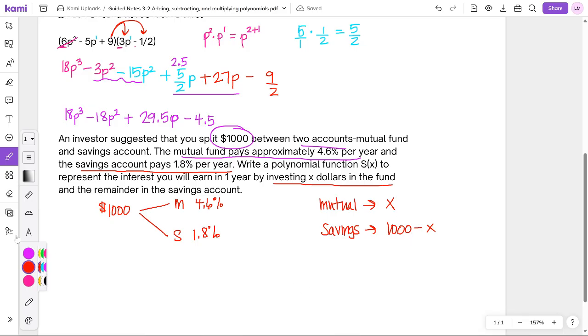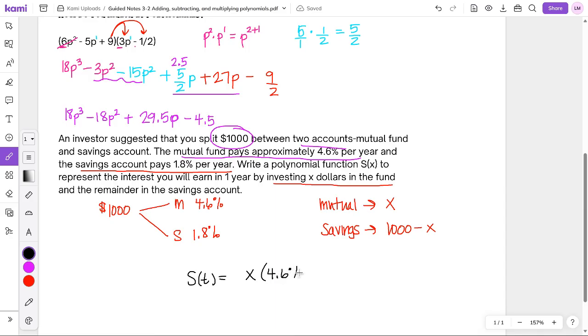All right, now we have to figure out how much money we're making, because we want to write a polynomial function to represent the interest. So the interest is going to be the mutual fund multiplied by the percentage that we're going to get out of that.